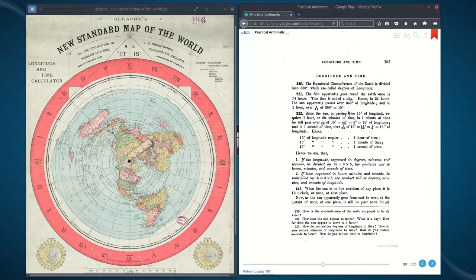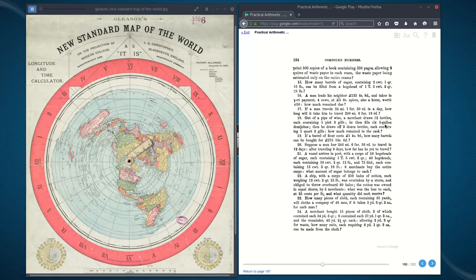And in 1 hour, over 1/24 of 360 degrees is 15 degrees. Since the sun is passing over 15 degrees of longitude requires 1 hour or 60 minutes of time, in 1 minute of time, he will pass over 1/60th of 15 degrees. 15 degrees over 60 is 1/4, equals 15 minutes of longitude. So 1/4 degree equals 15 minutes of longitude. Right.